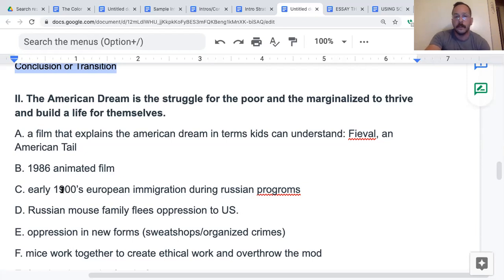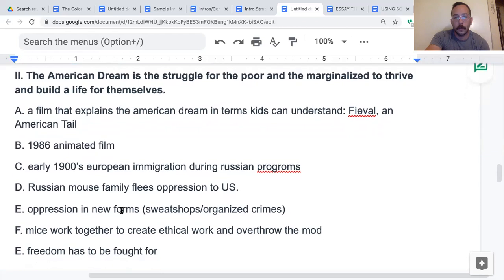Early 1900s European immigration during the Russian pogroms, which I may or may not get to in my example. And a Russian mouse family flees oppression to the US, oppression in new forms, sweatshops and organized crime. Mice work together to create ethical work and overthrow the mob. Freedom has to be fought for.